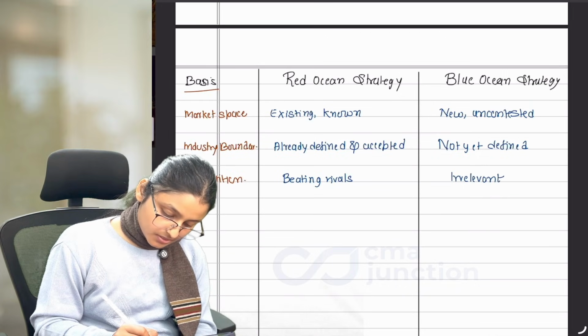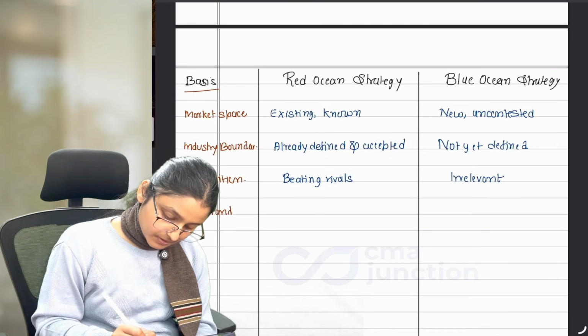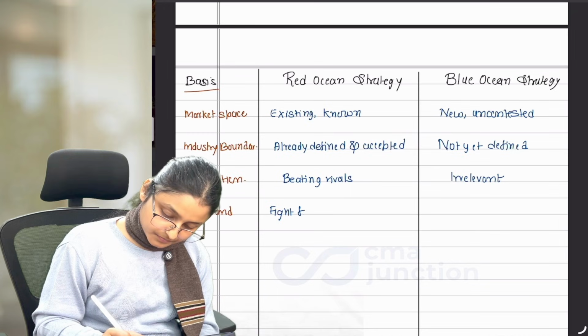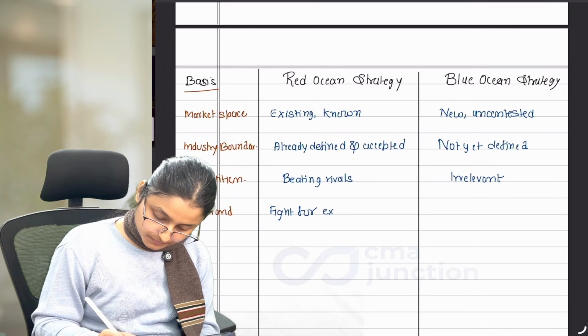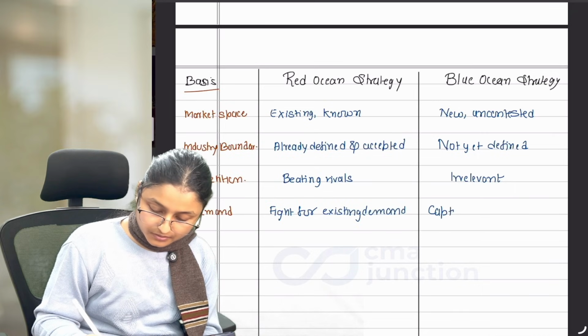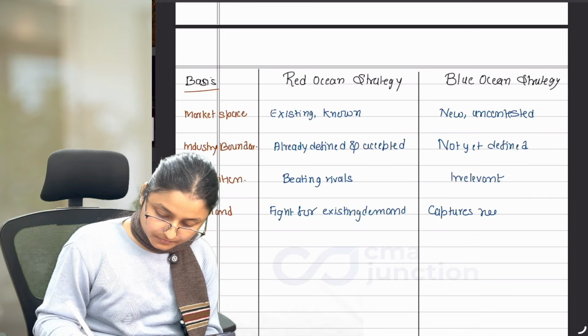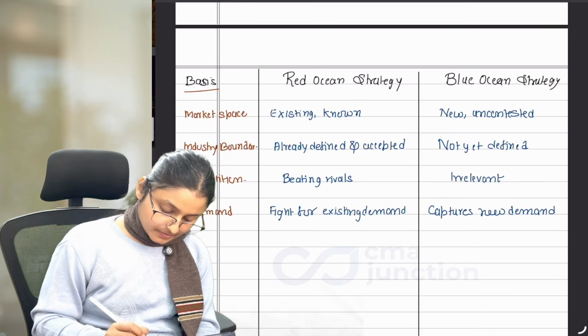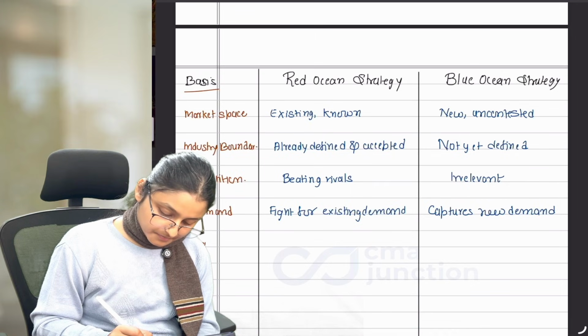Next, demand. Here we fight for existing demand. In blue ocean, we capture new demand. Next is market game.